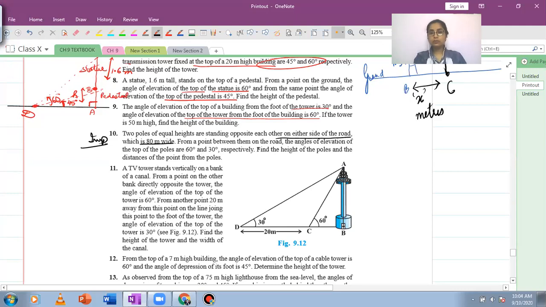From a point between them on the road. Now, the point is somewhere in between, it's not exactly in the middle. This is the first thing you need to note down, that the point is somewhere on the road, not necessarily right in the halfway point.